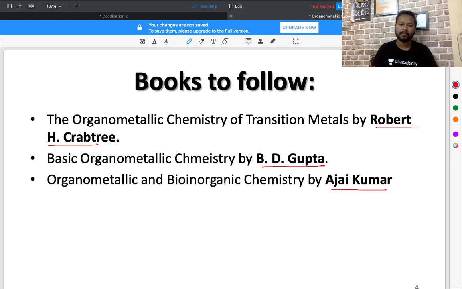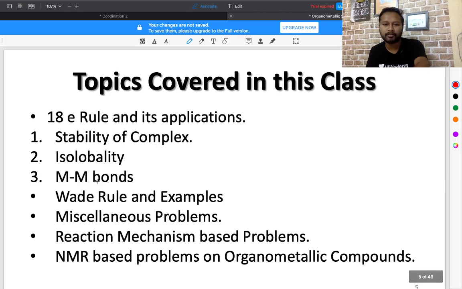Any of these you can follow for organometallic compounds. I have followed BD Gupta, and later on I studied Ajay Kumar also. It's a very good book. Crabtree I have not followed in that intense way, but I have read thoroughly from Crabtree as well. But yeah, these books are good.